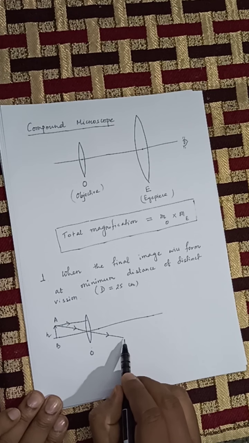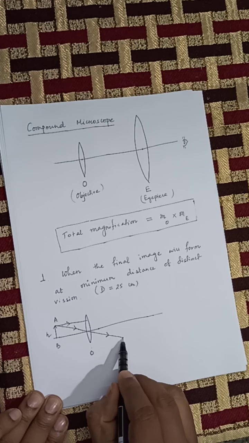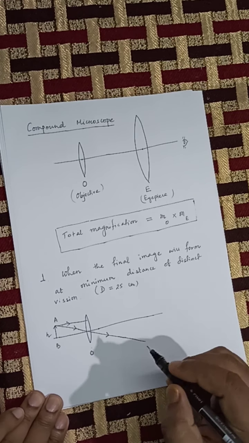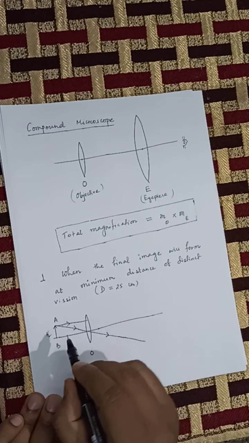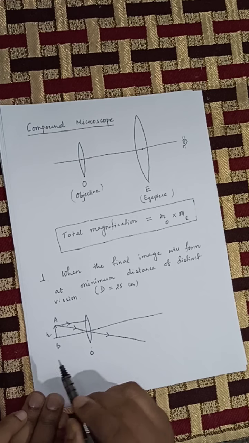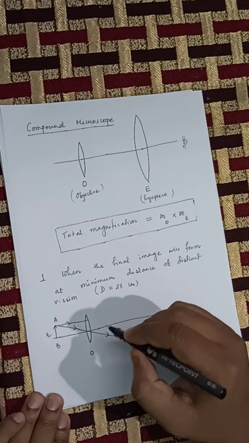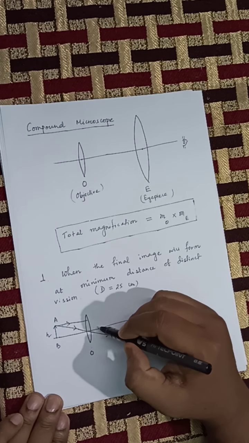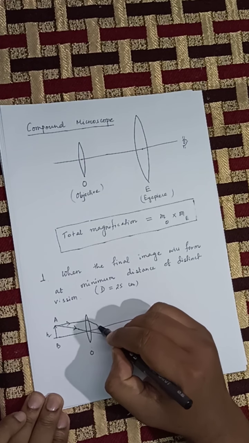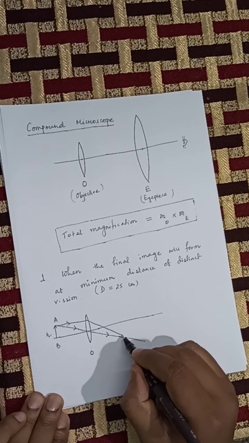Right? Okay? So this ray we will get in the same direction, without deviation. And the second ray which is parallel to the principal axis, after refraction what will happen? It will pass through the focus, isn't it? So we will get this ray from here.